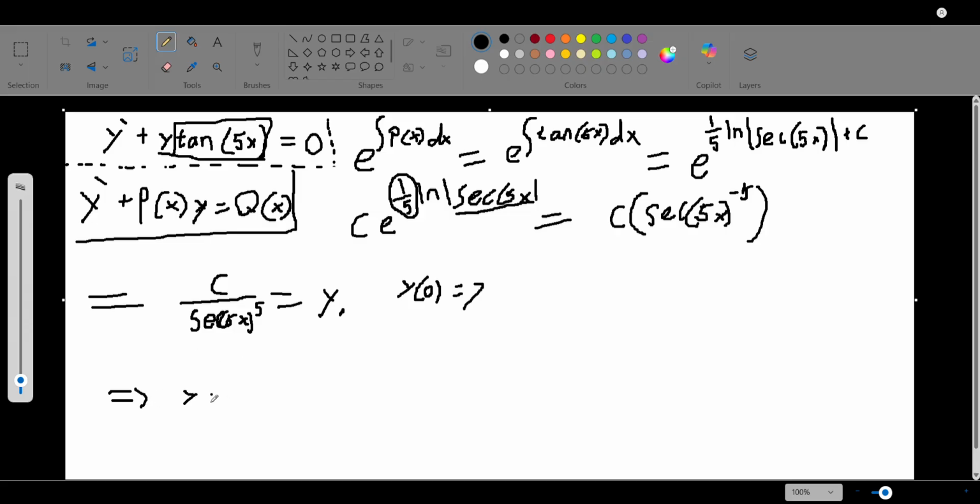So we're going to get 7 is equal to c times secant of 0 to the negative 5.